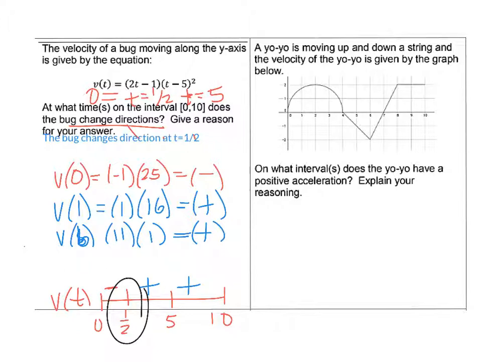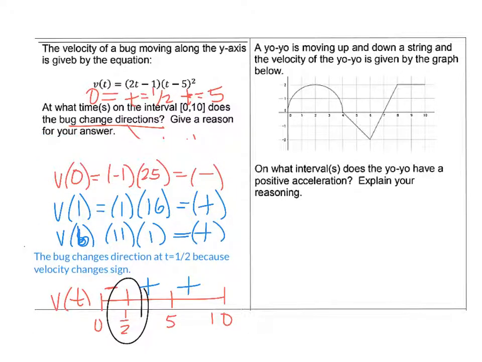And do I have units here? I don't see any units in this problem, because velocity changes sign. And there's your justification for it. Okay, so the bug changes direction at time equals 1/2 because velocity changes sign.